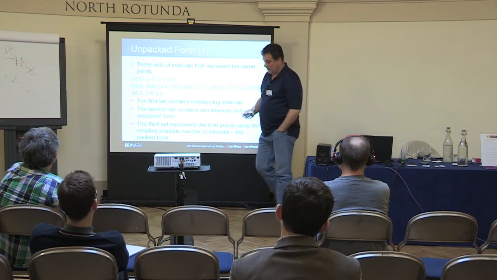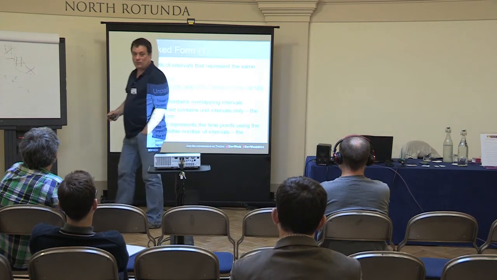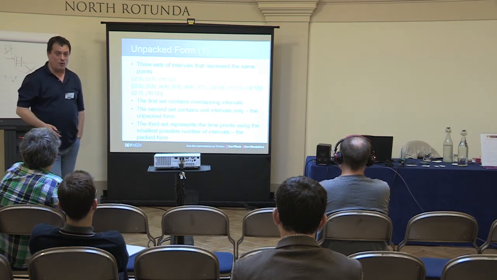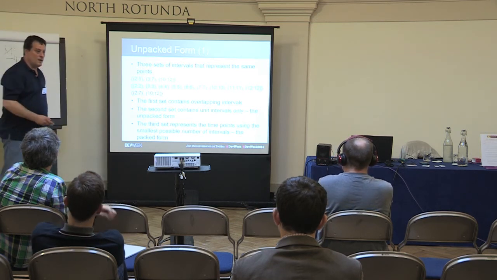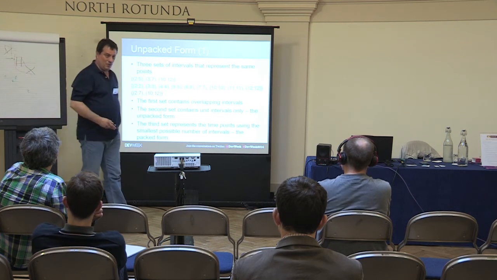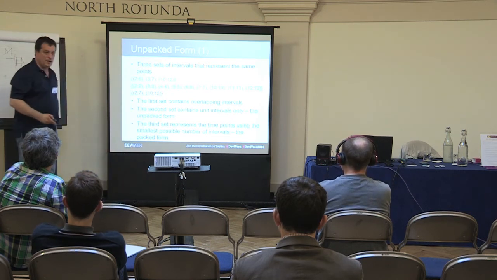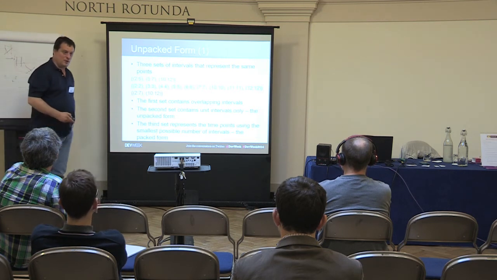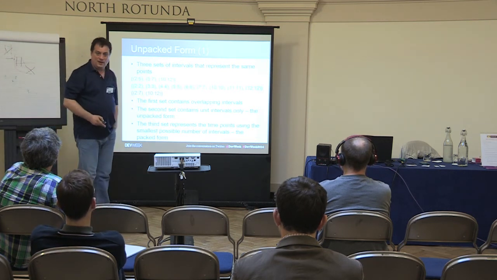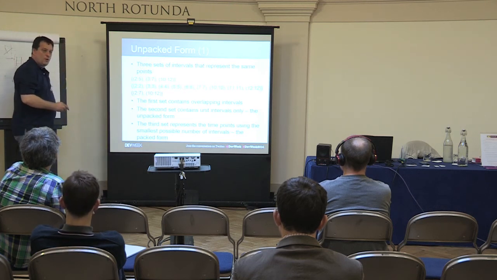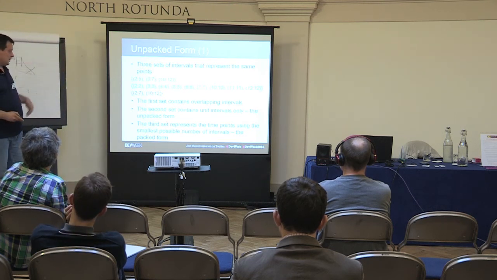Now remember that in the previous presentation I defined the unpacked form for the purpose of enforcing non-overlapping intervals only in a table. So I put a unique index on the ID plus the unpacked form, so unit intervals.